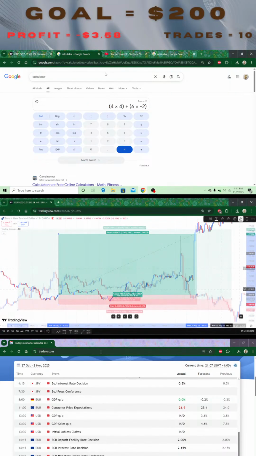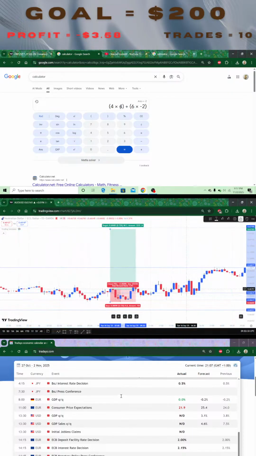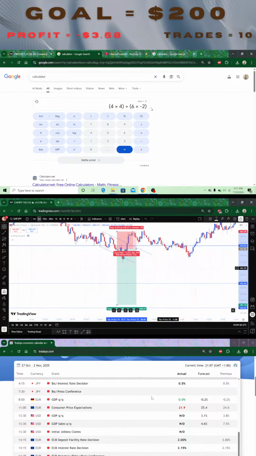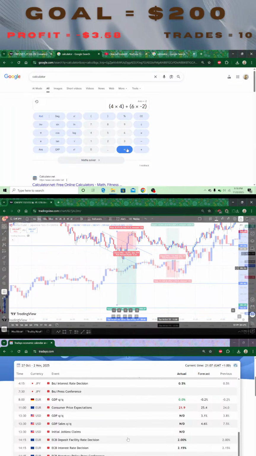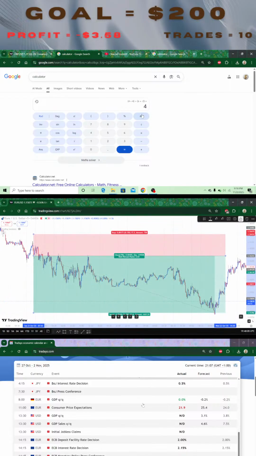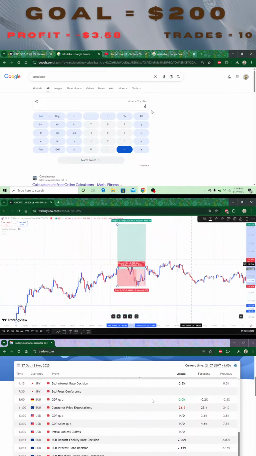Now let's see what a 40% win rate can do. 40% win rate, $4 profit per trade, 60% loss, negative $2 per trade. It turns out that we were in profit of $4, meaning that if we placed 100 trades instead of 10, we would have made a profit of $40.